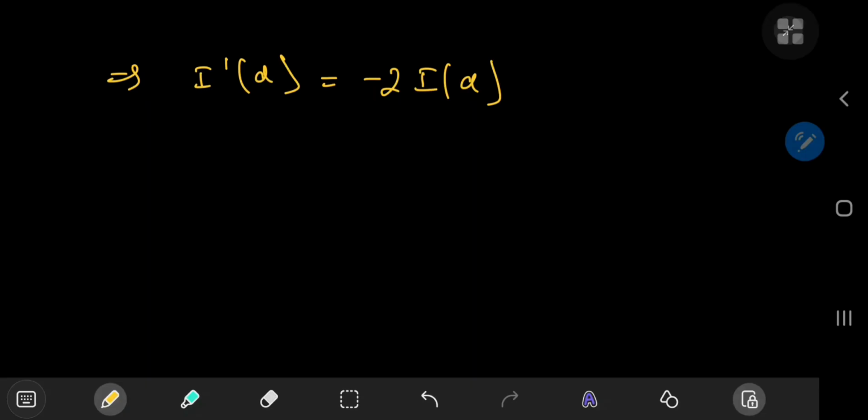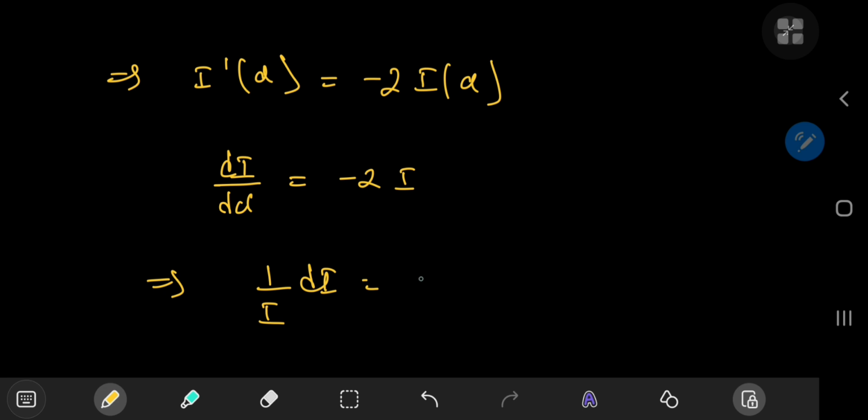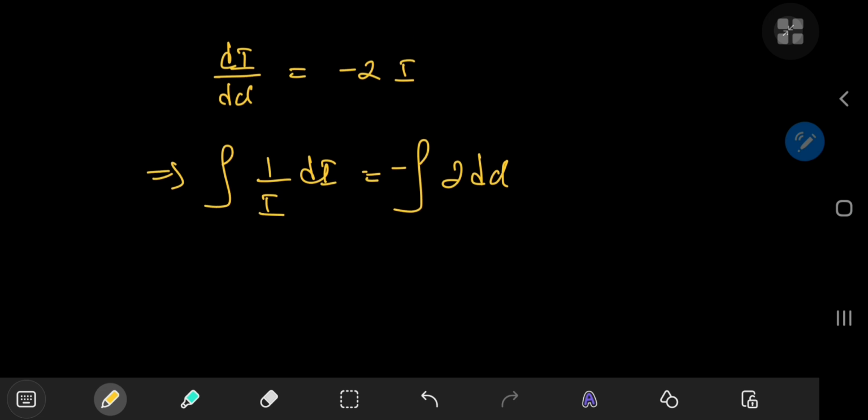Now back to our differential equation, we have dI by d alpha being equal to negative 2 times I. So we can write this as 1 by I dI being equal to negative 2 d alpha, and integrating both sides with respect to the respective variables. So this implies that the natural log of I equals minus 2 alpha.